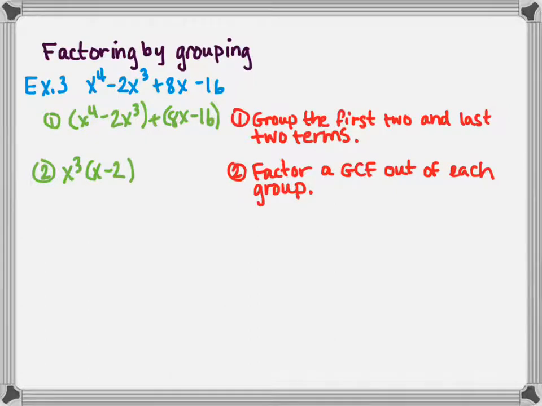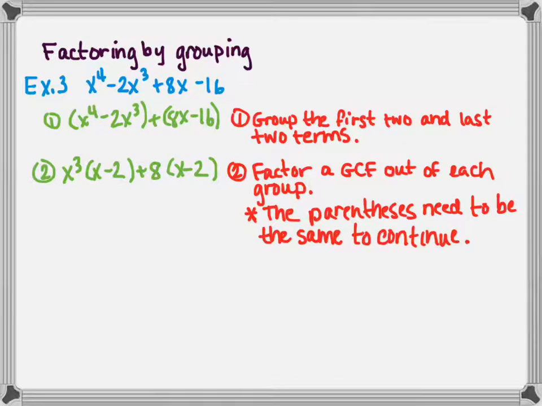So I broke it down to x cubed times x minus 2. And now we'll look at the second grouping, 8x minus 16. What's the greatest common factor there? Should be positive 8. And if I divide 8 out of 8x minus 16, we get x minus 2.